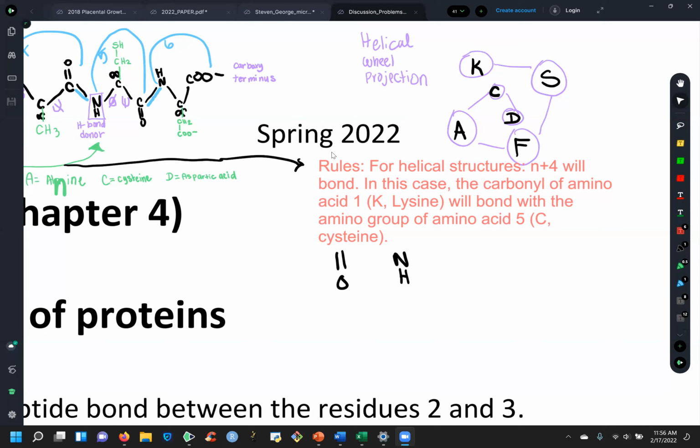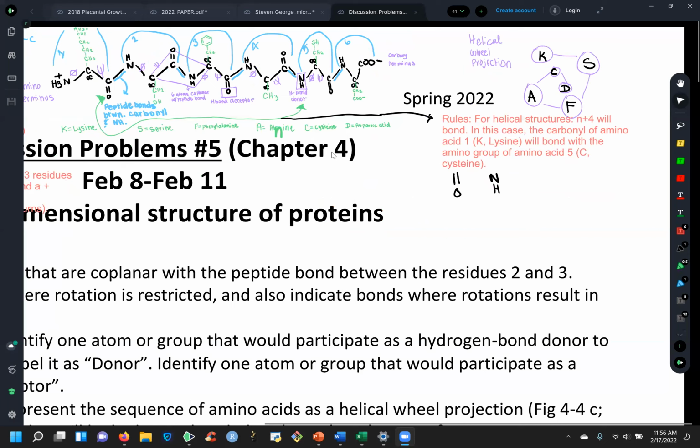So this is just an amino acid. They're all amino acids. So which portion of this amino acid will bond with this portion of that amino acid? So the way that it works is the carbonyl of the first one is going to bond with the amino group of the other guy. Okay, so I just wanted to show you that because a lot of students are really confused about that.